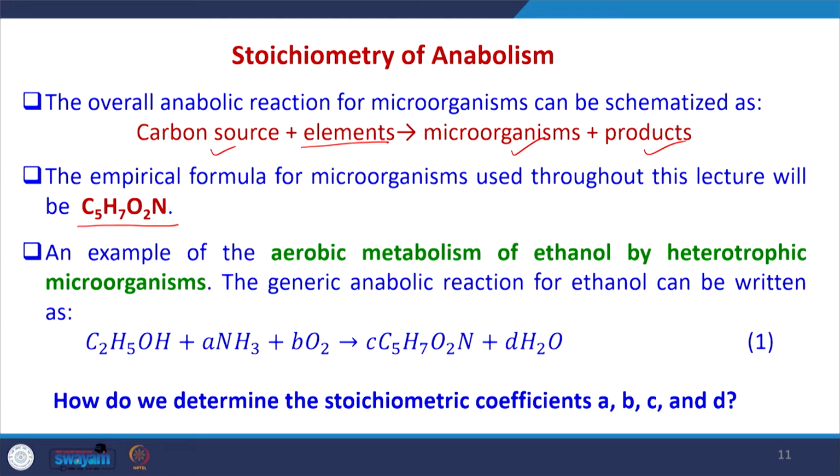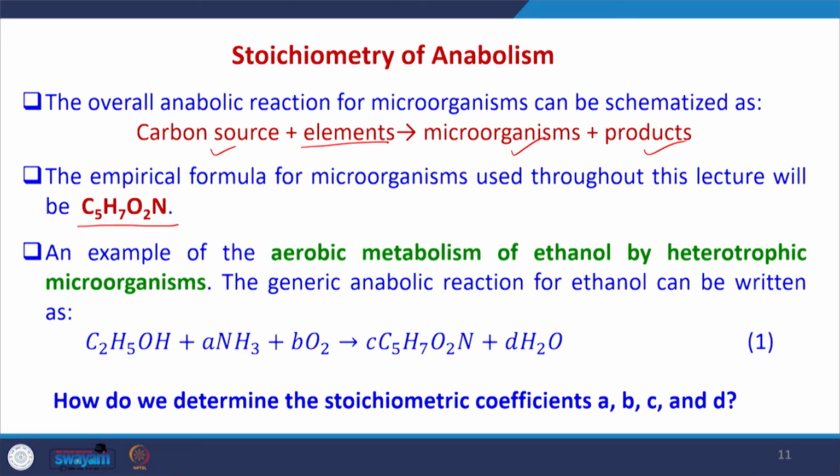This is one of the generic formulas used in the literature, and the same we are using here. Now, we will be studying different types of metabolism reactions under aerobic condition, anaerobic condition, using various types of substrate or carbon source, and under various conditions of fermentation, nitrification etc., and then we will study the anabolism stoichiometry.